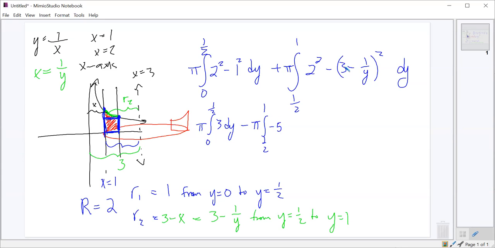And then I'm going to have a minus 6/y, and then minus that, so that should become a plus 6/y. And then the minus 1/y times minus 1/y should be plus 1/y squared, and then there's a minus in front of it, so that should be a minus 1/y squared dy. And now we should be able to integrate.